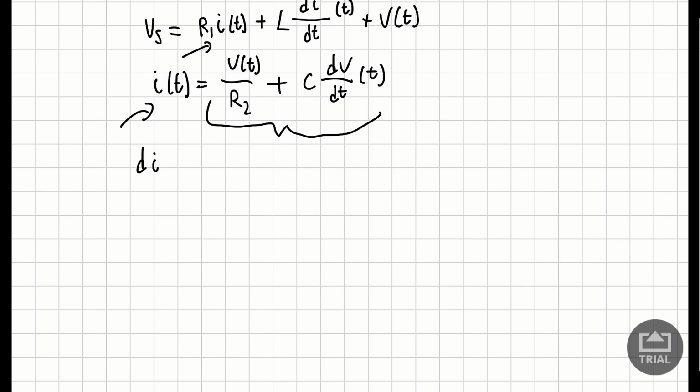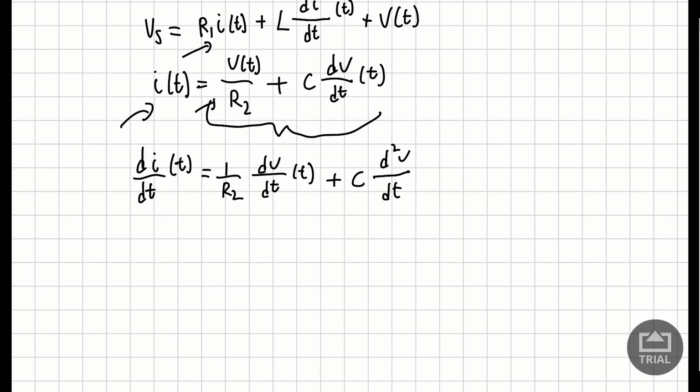The derivative of I of t is going to be equal to the derivative of this, which is 1 over R2 dV over dt, plus the second derivative of V, which is this right here.